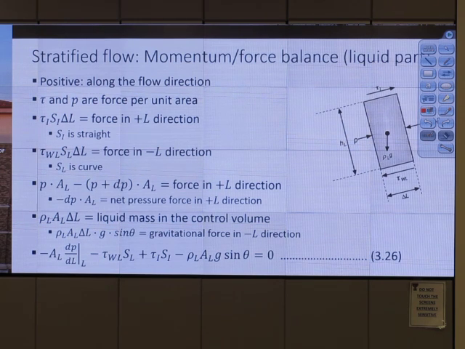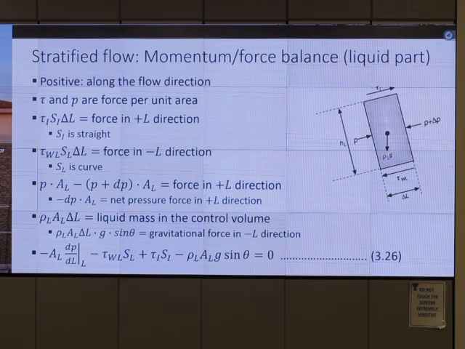So the force to the right for the liquid part is tau I multiplied by SI delta L. Another one is pressure multiplied by AL. AL is the pipe area covered by liquid phase.